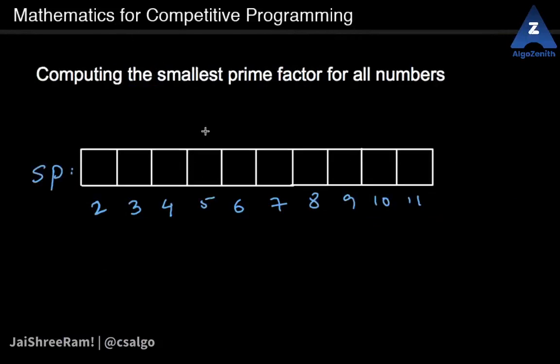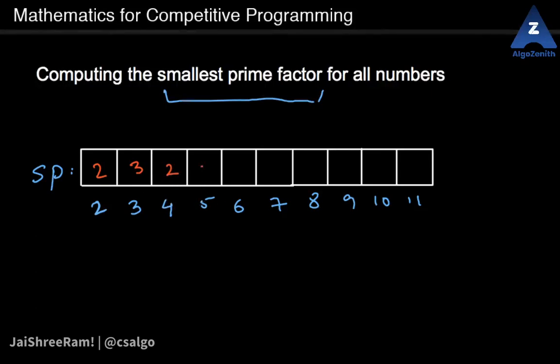So for every number, we will try to find out the smallest prime factor of that number. Okay, now what is the smallest prime factor we are talking about? So let's say for 2 the smallest prime factor would be 2, for 3 it would be 3, for 4 it would be 2, because that's the smallest prime which divides 4, right?